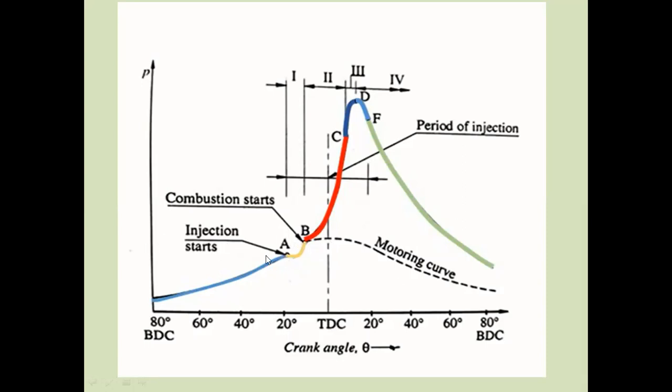The start of injection is at 18 degrees before TDC, and the start of combustion is at 11 degrees before TDC. The time in between is about 0.001 second, which is the ignition delay period.